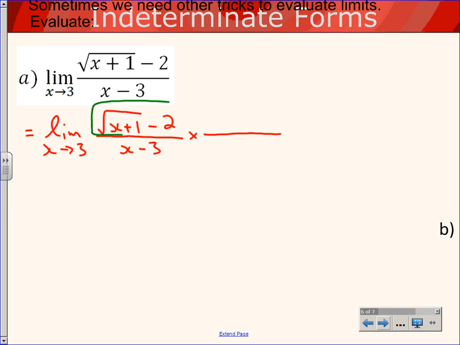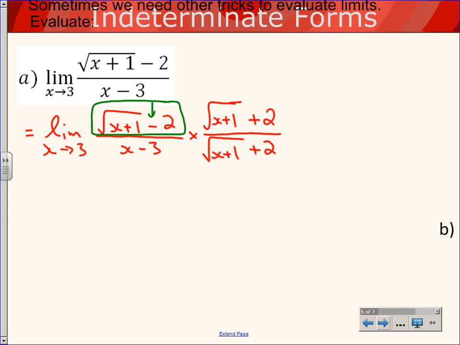So we multiply by this expression, except we change the sign in the middle. So we're going to multiply by root x plus 1, right? That's the same. But then instead of minus 2, we multiply by plus 2. And we're going to be allowed to do this as long as the denominator is exactly the same. Because technically now all I'm doing is multiplying by 1. All I'm doing is multiplying by 1, which is allowed.